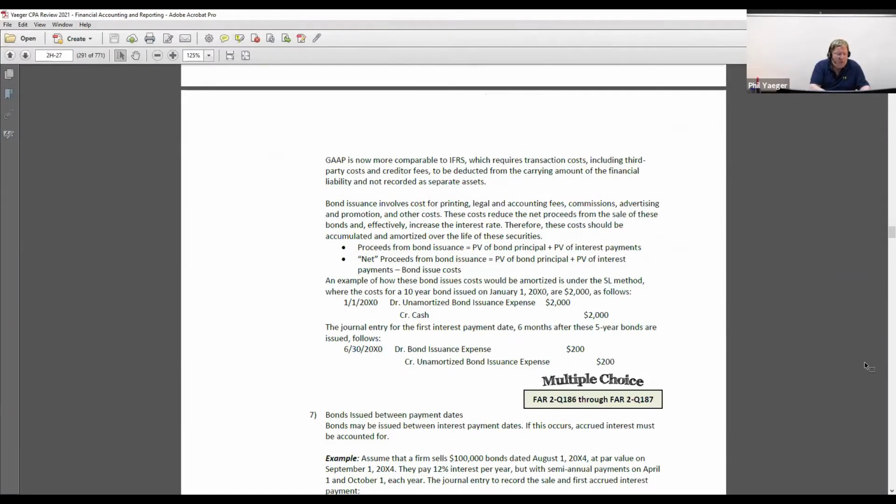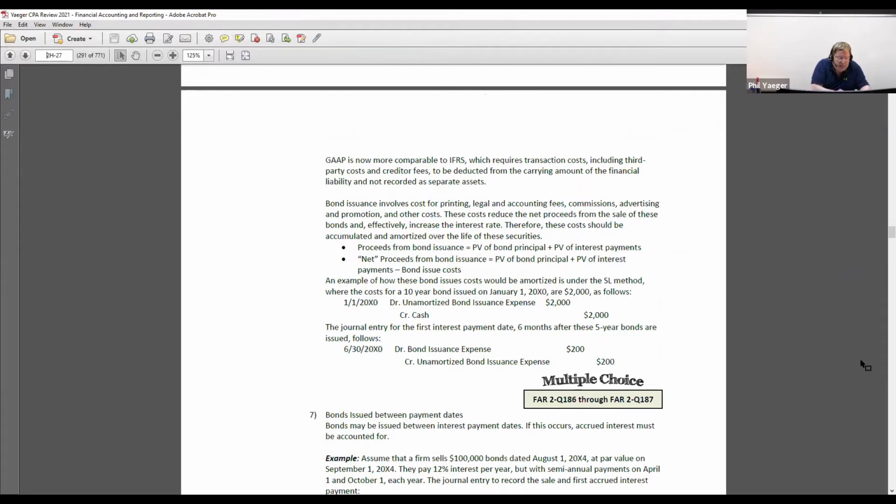Now, GAAP is now more comparable to IFRS, which requires transaction costs, including third-party costs and creditors' fees, to be deducted from the carrying amount of the financial liability and not recorded as separate assets. Bond issuance involves the following costs: printing, legal and accounting fees, commissions, advertising and promotion, and other costs.